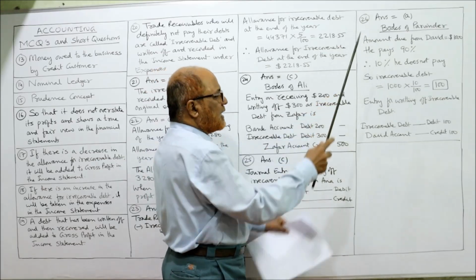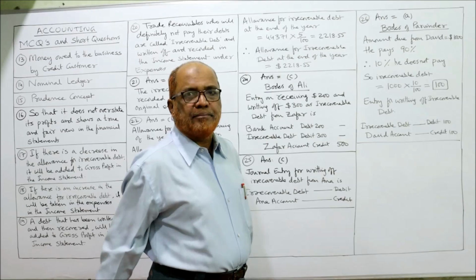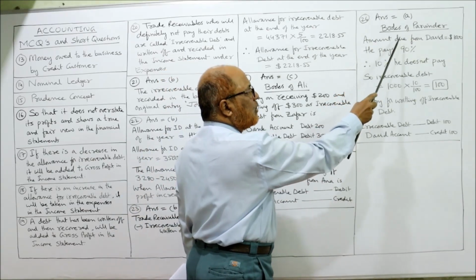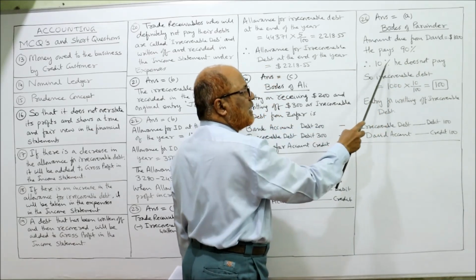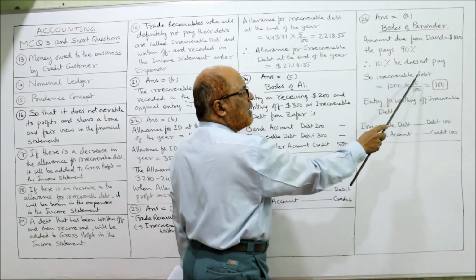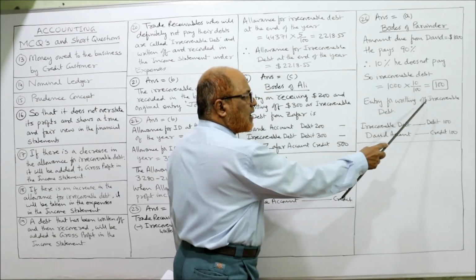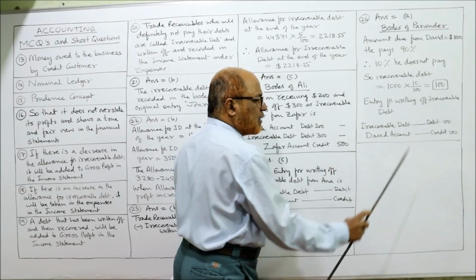You can see the answer is A: irrecoverable debt 100 and David 100. So in the books of Parvinder, the amount due from David is $1,000. He pays 90%, therefore 10% he does not pay. So irrecoverable debt is 1,000 × 10/100 = 100. The entry for writing off is irrecoverable debt debit 100, David account credit 100.